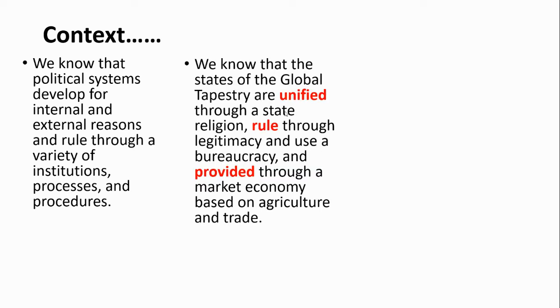So when we focus on the global tapestry, no matter what we're studying, no matter where we visit, we want to make sure that we understand that the states of the global tapestry use a state religion to unify, rule through legitimacy and a very good bureaucracy, and provide through a market economy based on agriculture and trade.